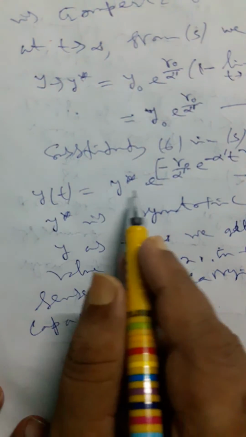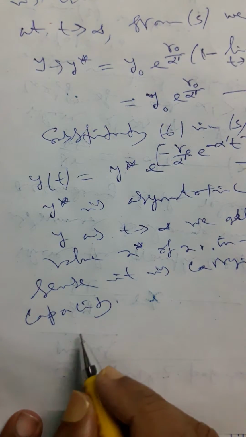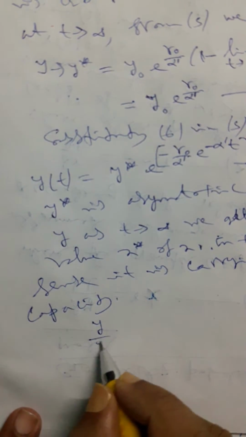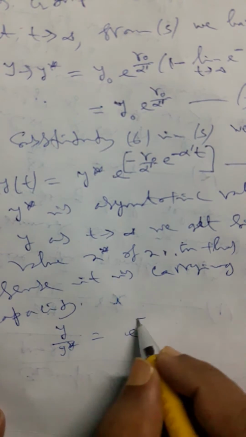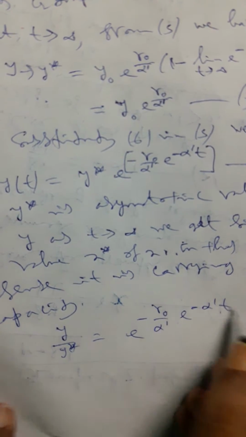Now if we consider this equation, y equals y star into this, then y by y star will be e to the power minus r0 by alpha dash times e to the power minus alpha dash t. Taking logarithm on both sides, ln(y/y star) will be minus r0 by alpha dash times e to the power minus alpha dash t.